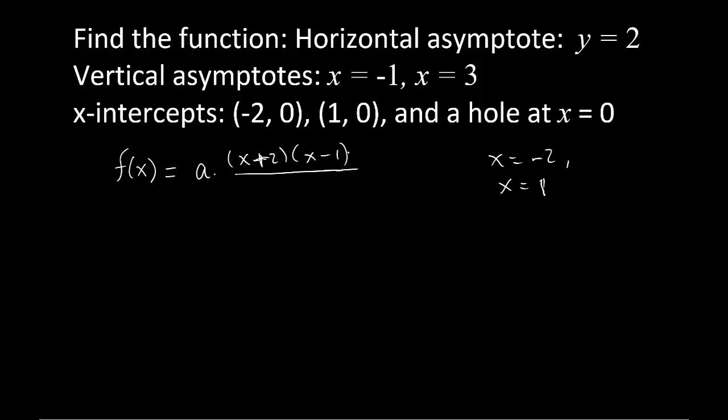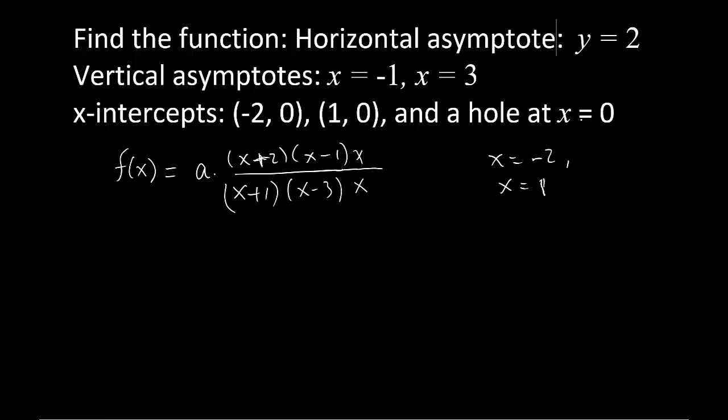And then we have vertical asymptotes at x equals negative 1 and 3, so the factors will be x plus 1 and x minus 3. Furthermore, we have seen the hole on the graph at x equals 0. So x equals 0 means x minus 0 is a factor, or you can just say x and x here. So these two we have like this, x in the top and then x in the bottom also. We are keeping this one in the function because we have a hole at 0.